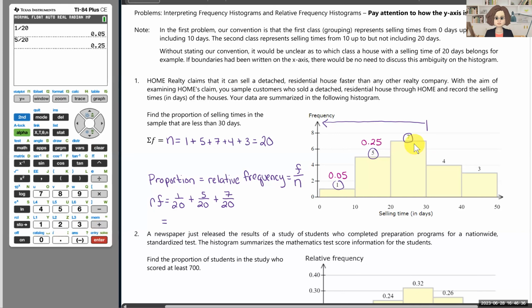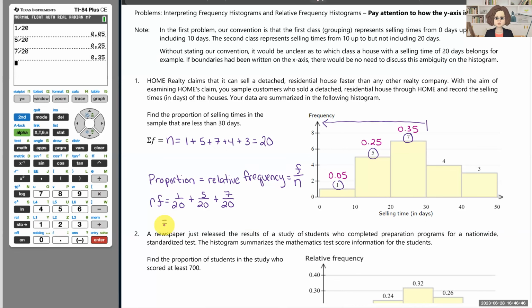And then 7 out of 20 is equivalent to 0.35 or 35%. So now I can add those together: 0.05 plus 0.25 plus 0.35.